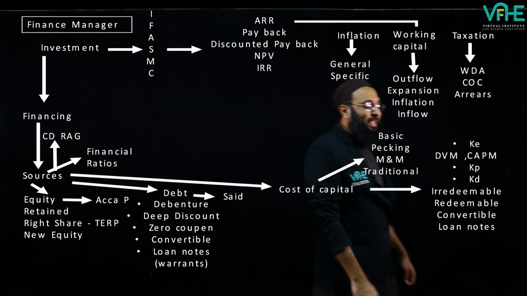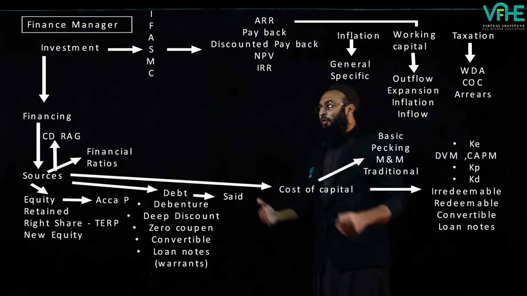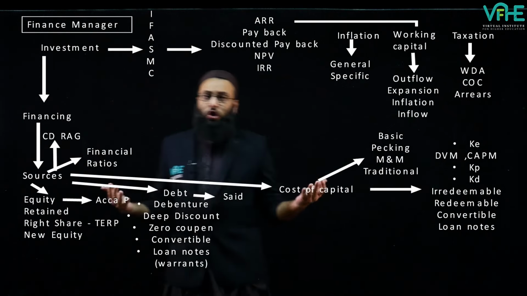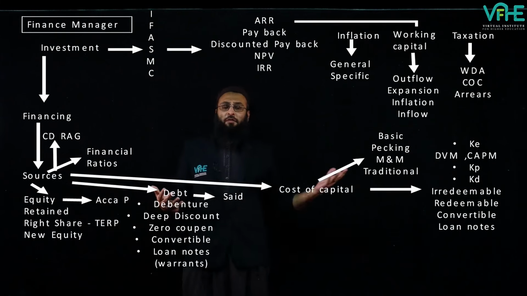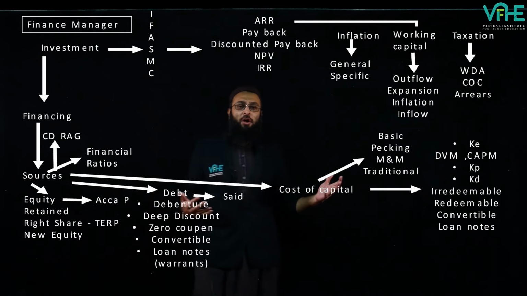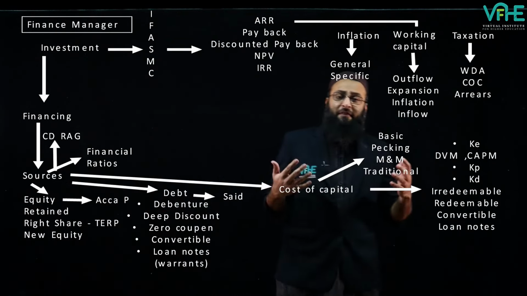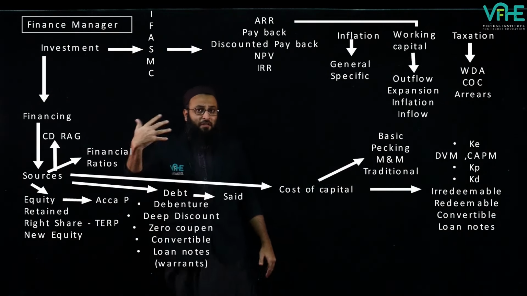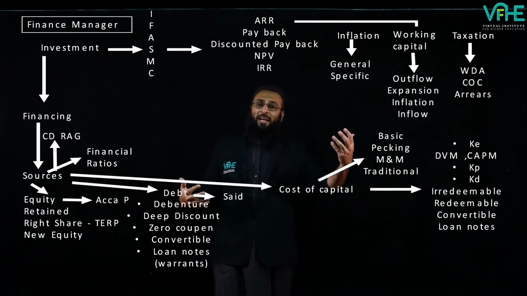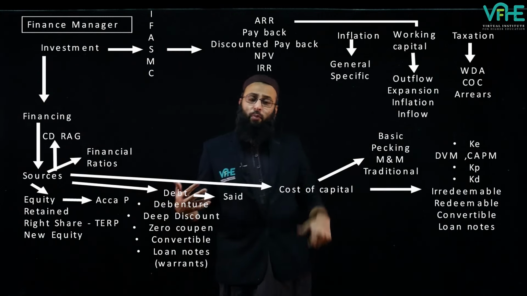M&M no tax says that there is no such optimal capital structure, but that at any level of debt or equity, the WACC will remain constant, because the benefit of debt will be offset against the rise in cost of equity.